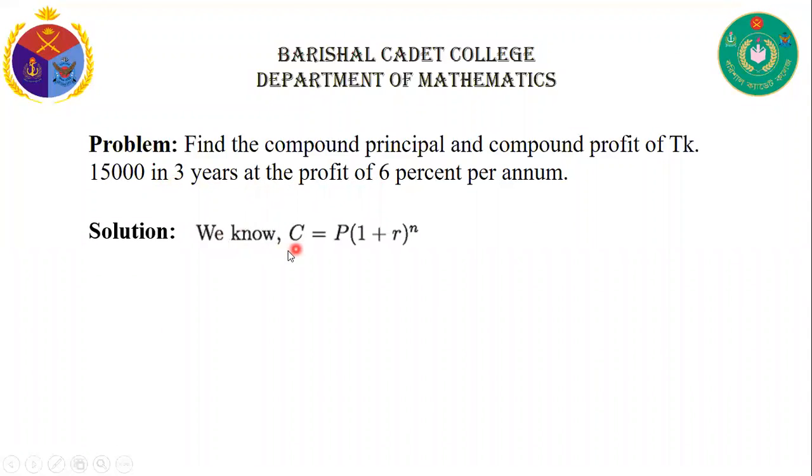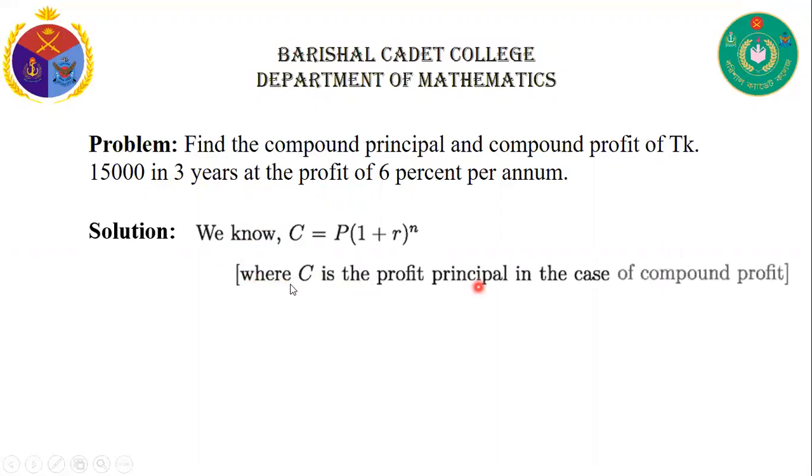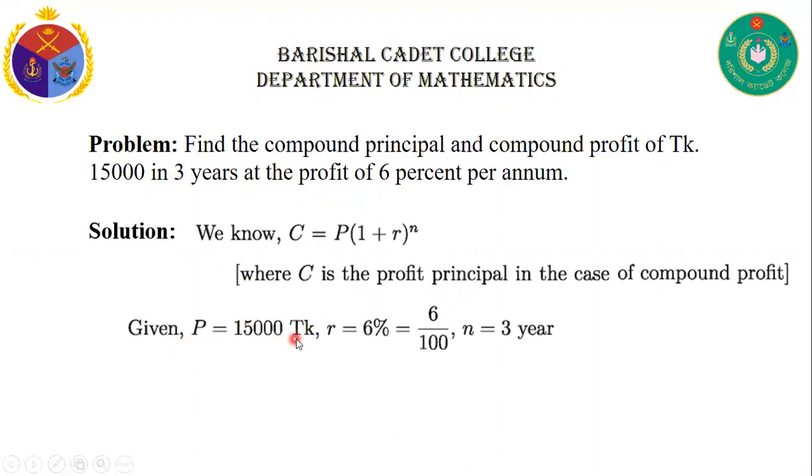Now we know the compound profit formula, C equal to P into 1 plus R to the power n. So here C is the profit principal in case of compound profit. Given P equal to 15,000 taka, R equal to 6%, that is 6 by 100, and n equal to 3 years.